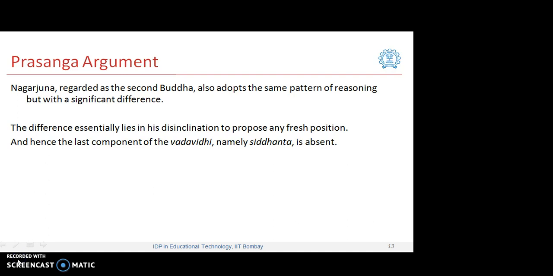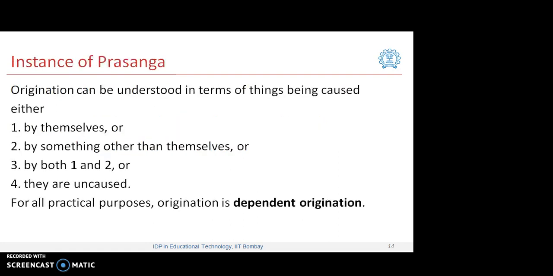What he essentially does is present the opponent's position and show that these positions are not coherent. They involve some contradiction. This method of argumentation is given the name Prasanga argumentation. Consider this example.